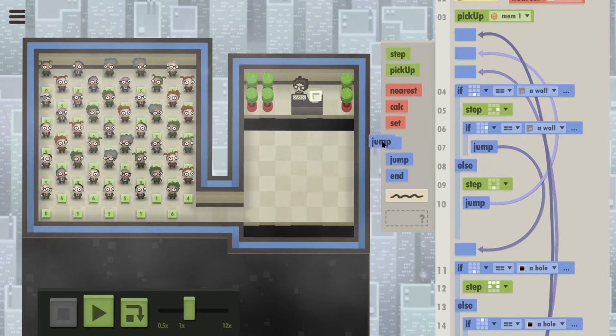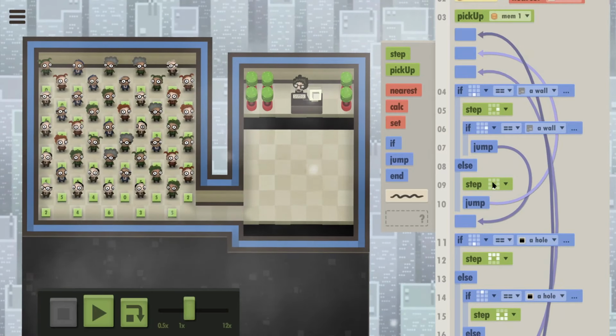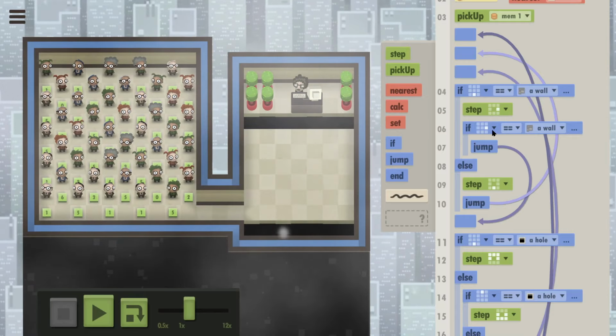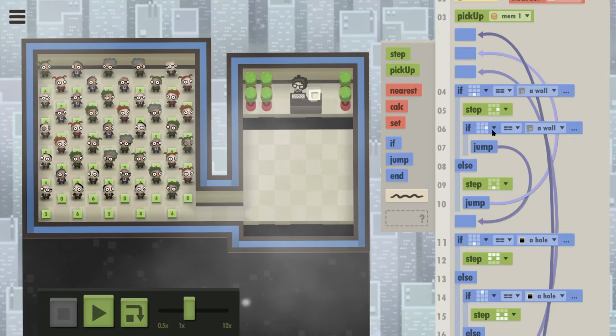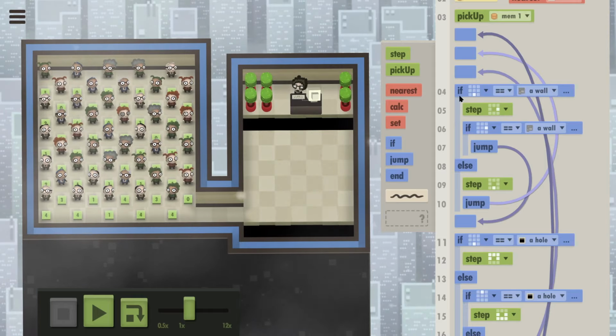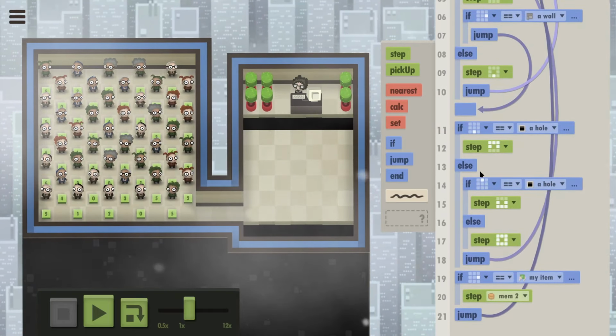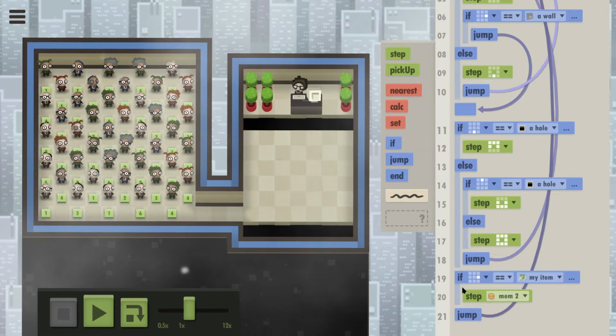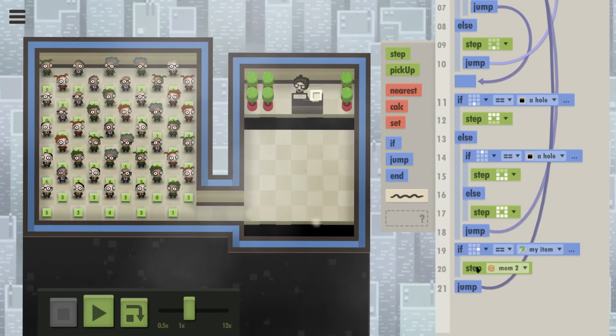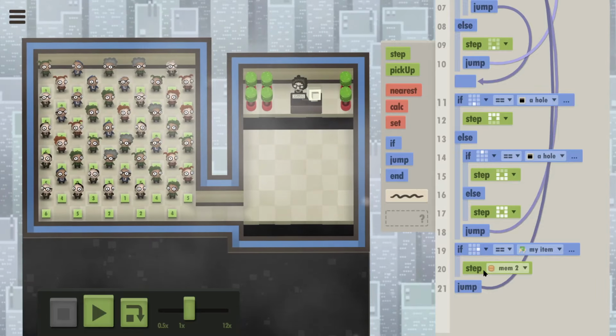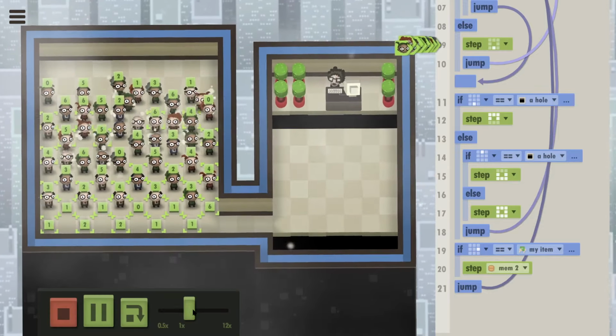Else step. Step down, is that right? Then once you're in there, if that, jump. That's your item. Step 2. Alright, let's try that.